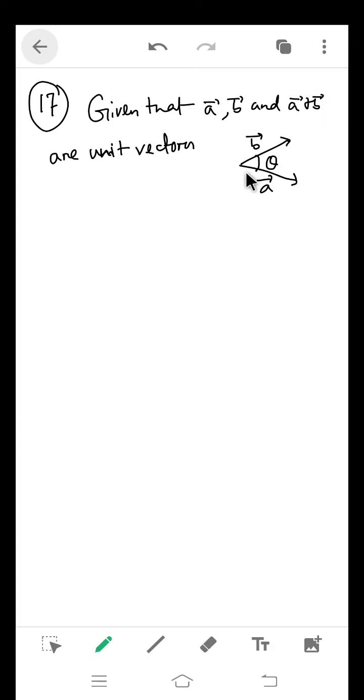So theta is the angle between them, it is given. Then you have to find out what is the value of theta.